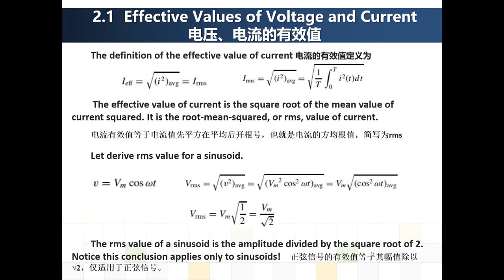Therefore, the RMS value V is equal to Vm, the maximum value of the waveform, divided by the square root of 2. So the RMS value of a sinusoidal waveform is the amplitude divided by the square root of 2, and this relationship only applies to sinusoids.